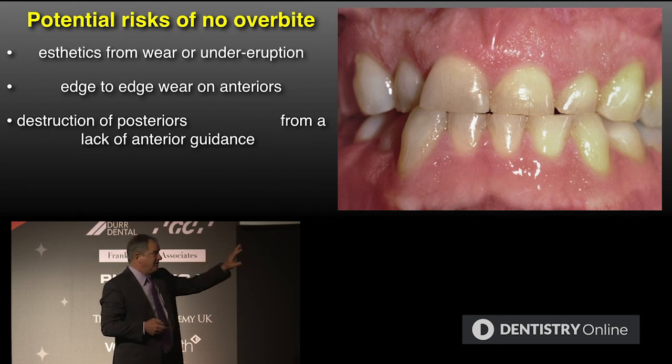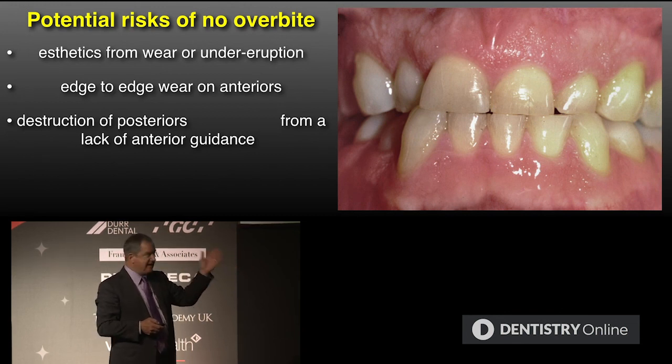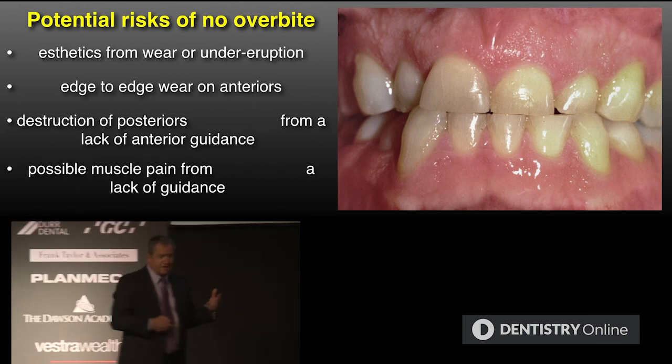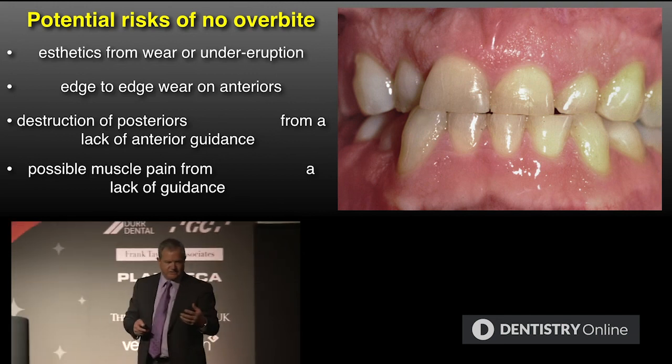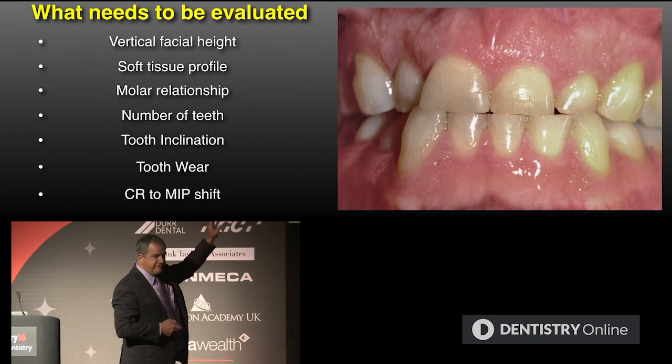Most patients with edge-to-edge anterior occlusions risk wearing out their back teeth, because when you have no overbite, you have no anterior guidance. He happens to somehow posture forward when he does what he does. He's not wearing out his premolars and molars almost at all. And then some patients end up with some muscle issues because of the lack of anterior guidance, but honestly, not many.